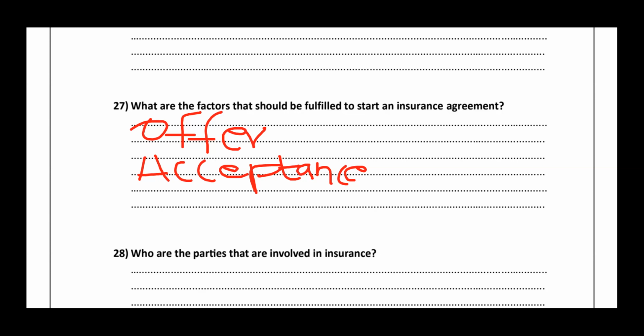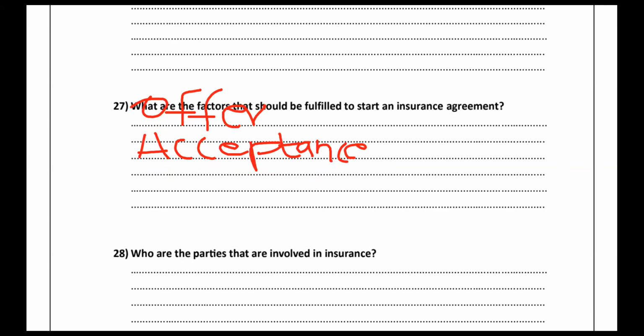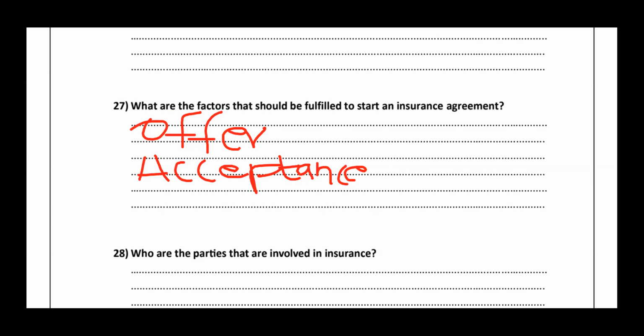Okay, so what is this insurance policy actually? What is insurance policy? This word has a different meaning. Okay, so insurance policy. Now, insurance agreement is a written agreement, right? Once you complete that agreement, this insurance policy is given. That is a written certificate. Okay, the insured will give an application form to the insurance company.